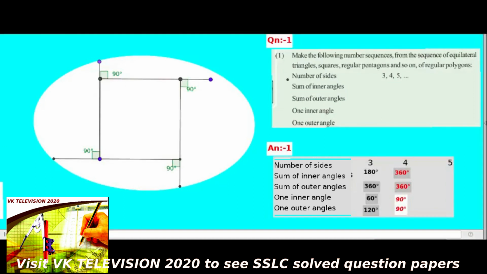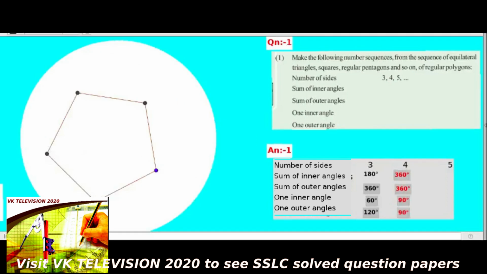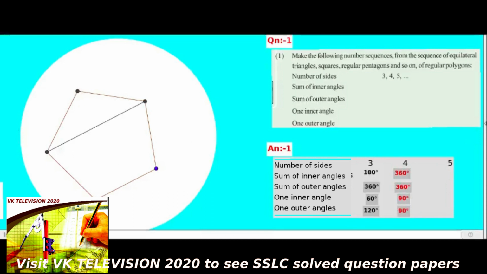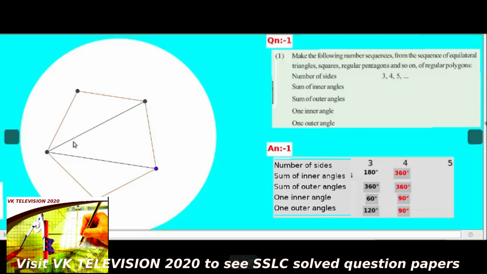Now we consider a 5-sided regular polygon. We have to find out the sum of the angles of the 5-sided regular polygon. For this we draw a diagonal and draw second one. So these two diagonals form 3 triangles.